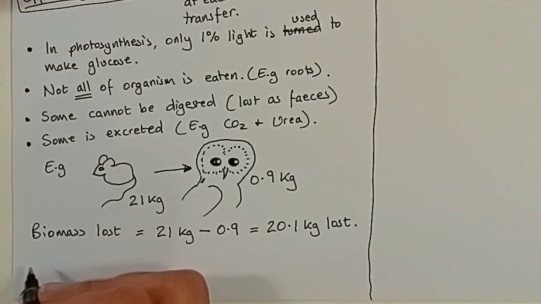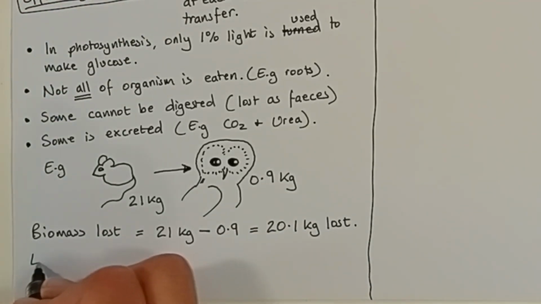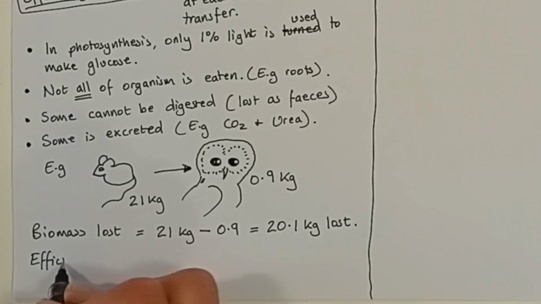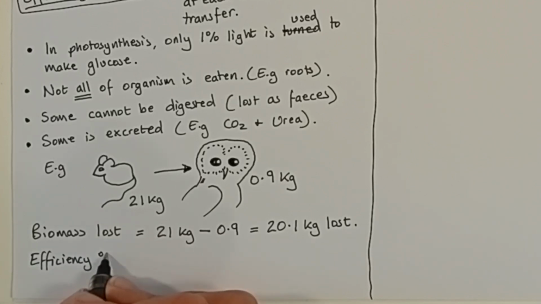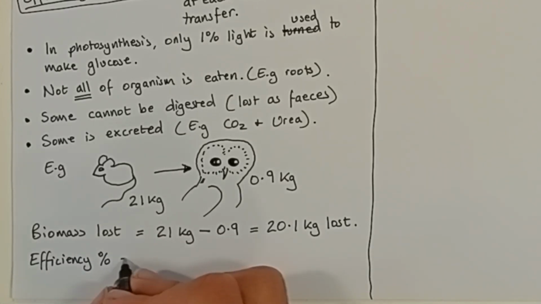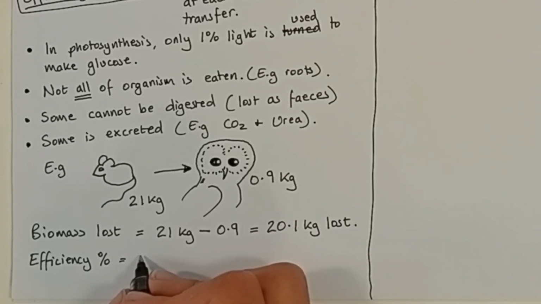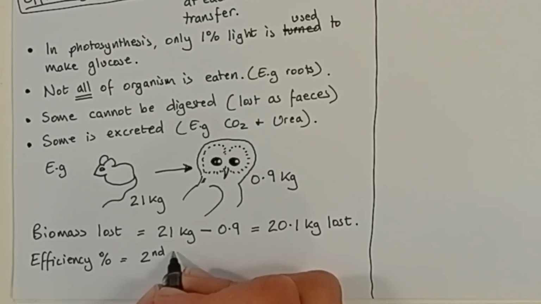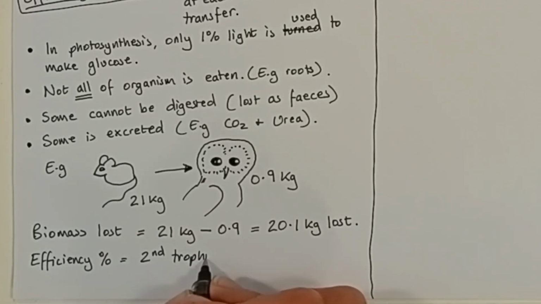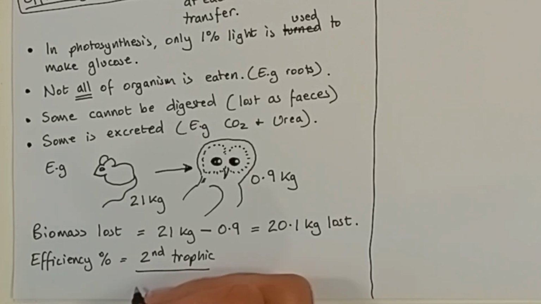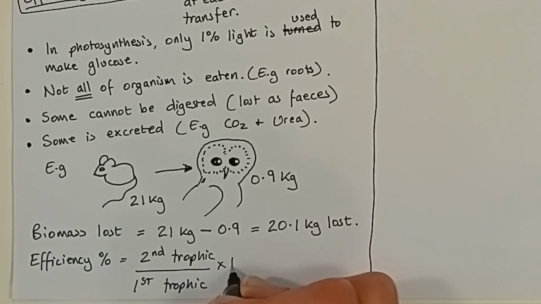We can also calculate that as an efficiency percentage, which equals the biomass of the second trophic level in your diagram, whatever it is, divided by the biomass in the first trophic level, again, whatever it is you're asked for, times 100.